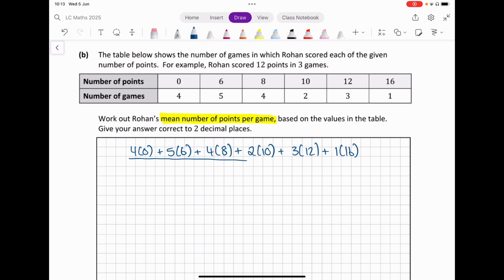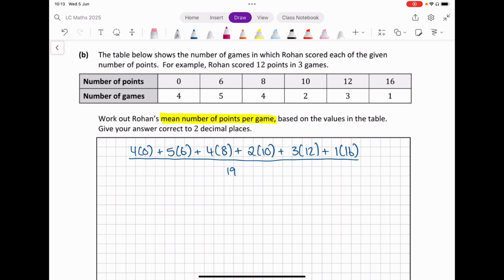And now that's all divided by the number of games. And the number of games in this is 4 plus 5 plus 4 plus 2 plus 3 plus 1, which is 19. So I'm adding all of the games on the bottom.